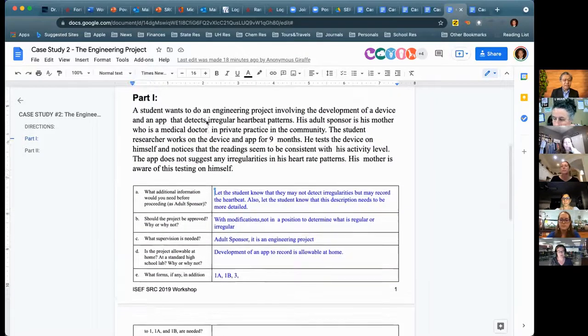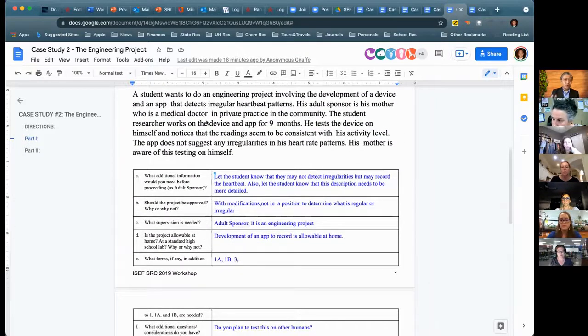A couple of things that I do want to mention here. Once someone actually develops a device and then tests it, even on themselves, a qualified scientist should be a must there, just to make sure that there is supervision and there is approval of the process and procedure. Especially, as Dr. Caffrey said, the mother can be the qualified scientist.